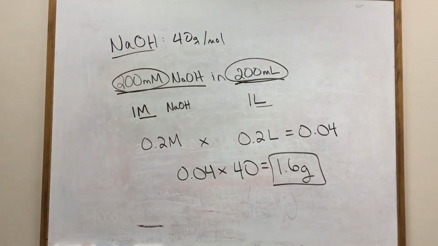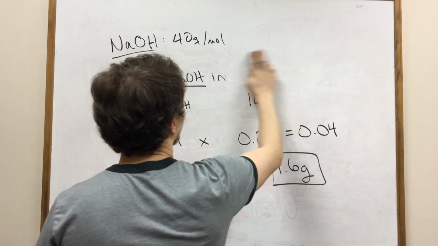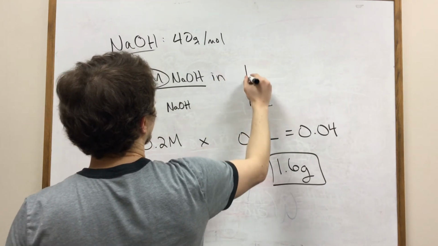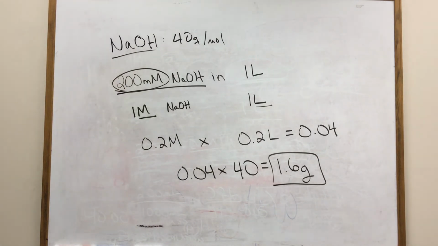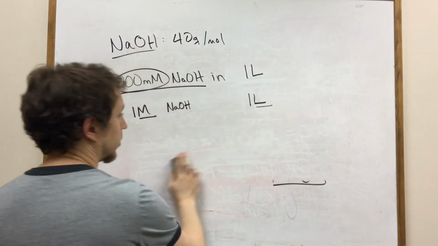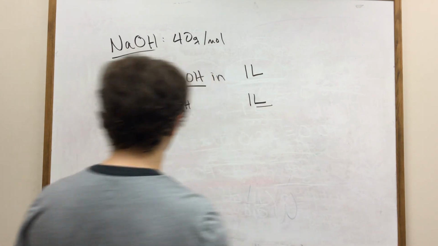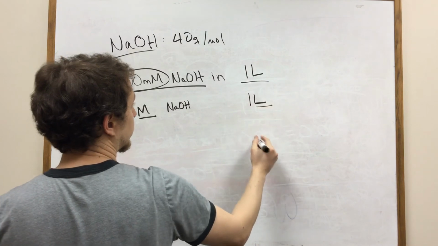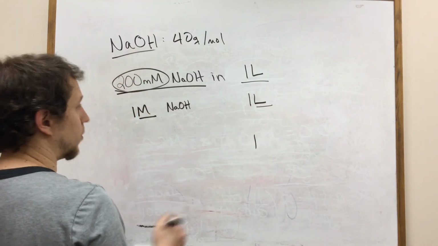Now, just to show you that this also still works with any of the other examples we've done, let's go ahead and change this back to 1 liter, just so that we can see that we're still going to get what we expect to see. Okay, so in this case, this divided by this is just 1. There is no fraction.